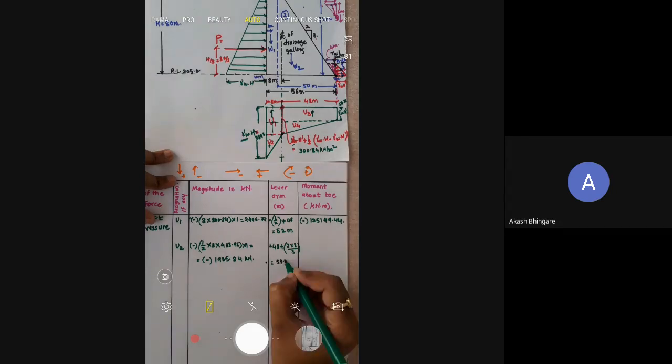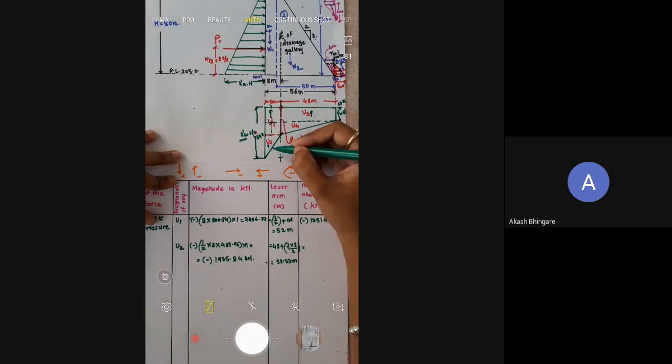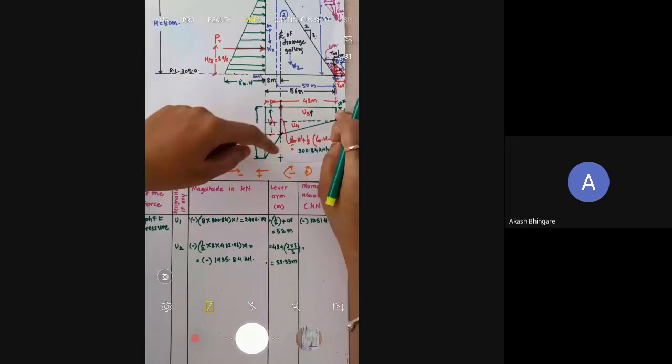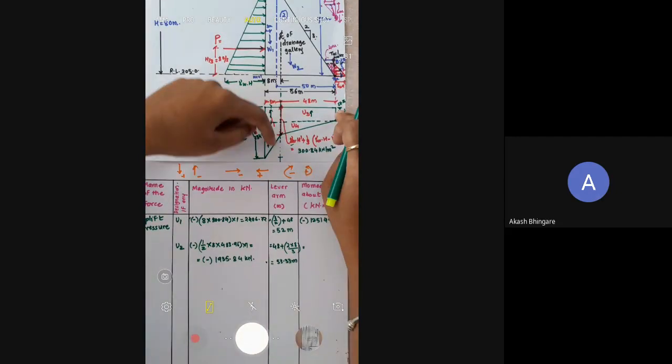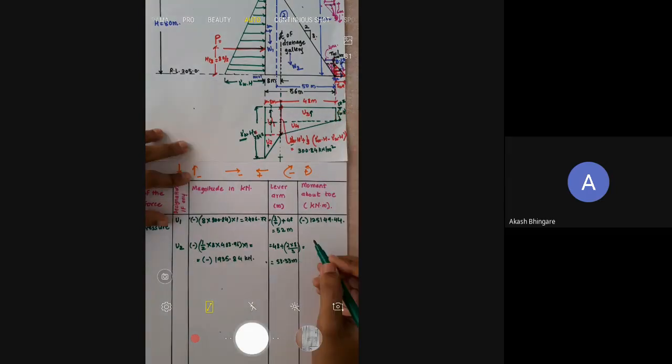Now accordingly write down the respective moment. So what is the moment? Again this U2 is in vertically upward direction, therefore creating an anti-clockwise moment, right? So therefore what will be the sign convention for U2?